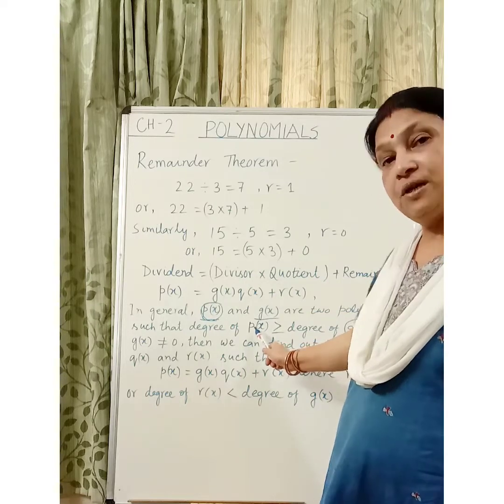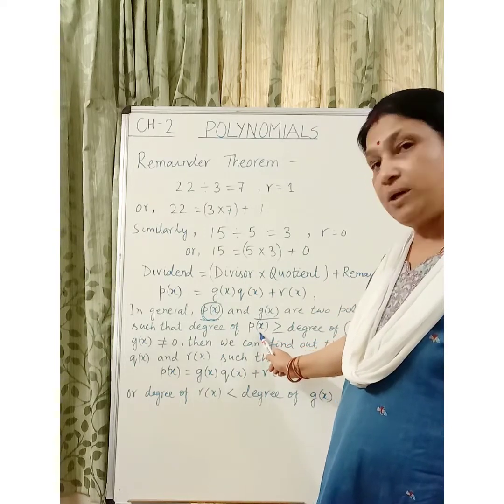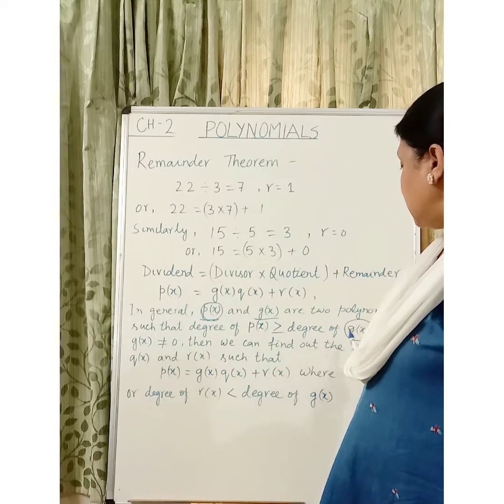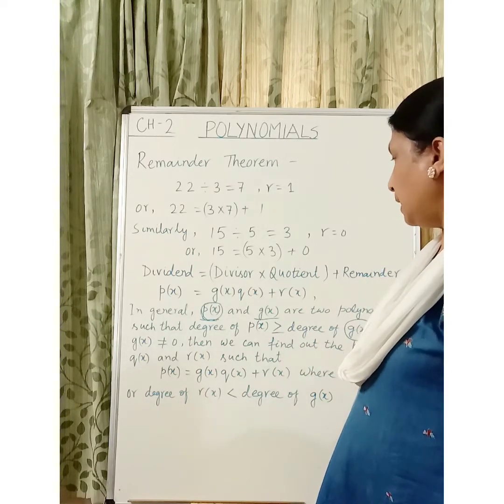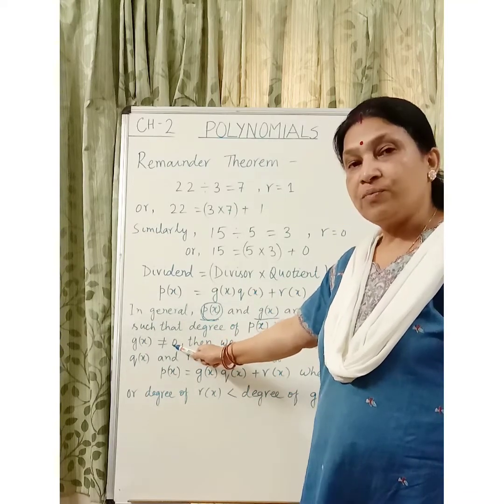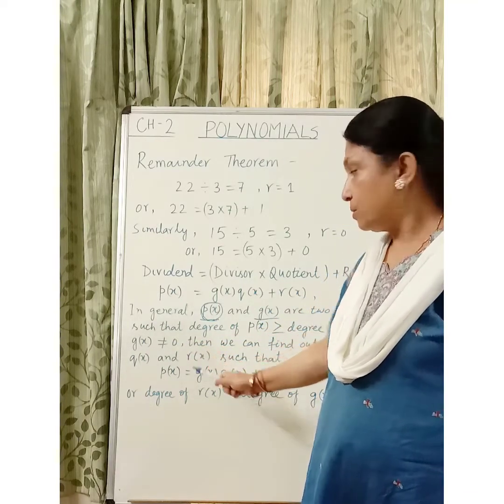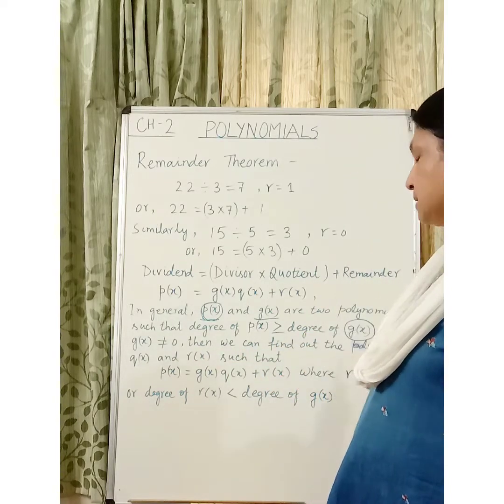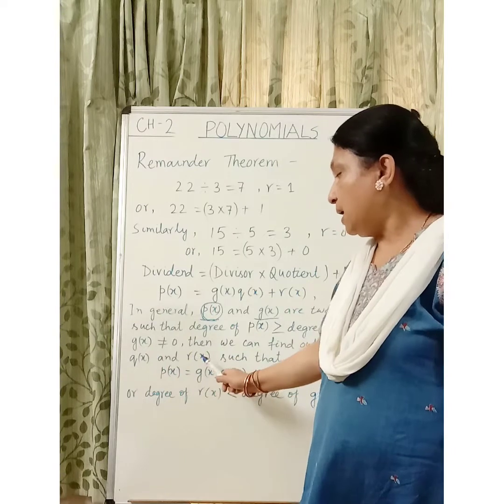And g(x) is not equal to 0, as you know, the divisor cannot be 0. Then we can find the polynomials q(x) and r(x).